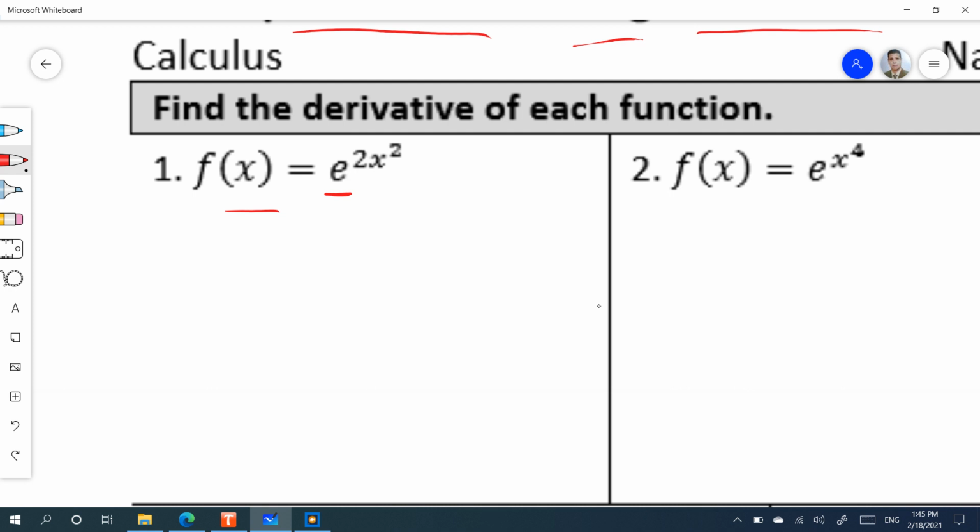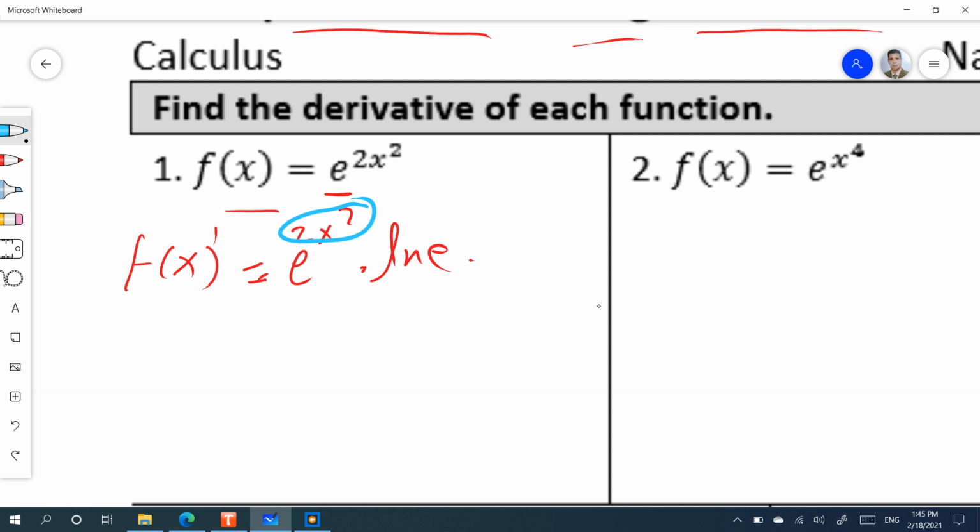As we know, the derivative of the exponential function equals the same function, e to the power 2x squared, times ln of the base, times the derivative of the exponent, which equals 4x.